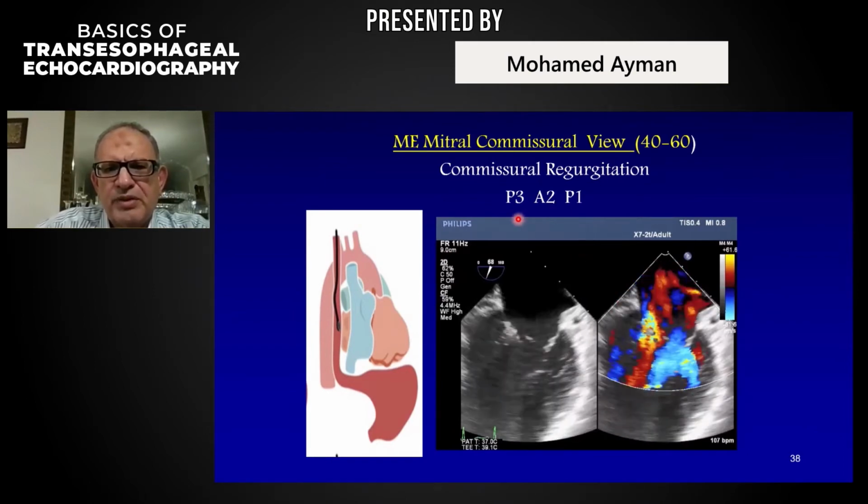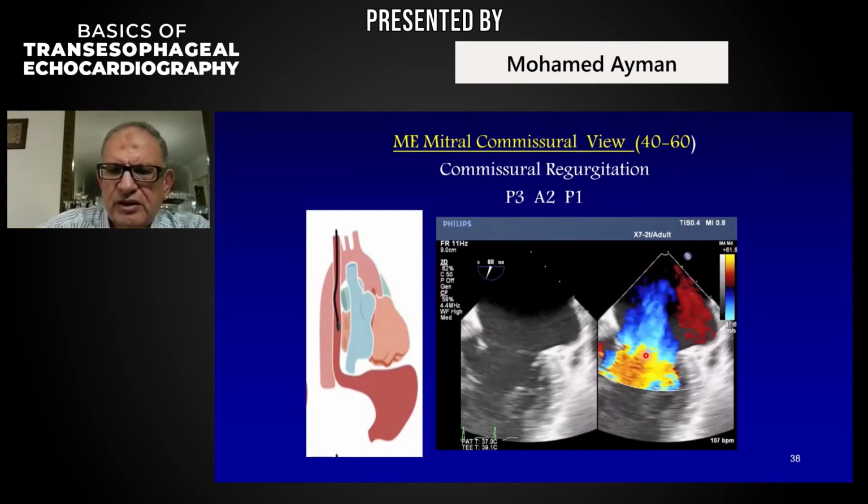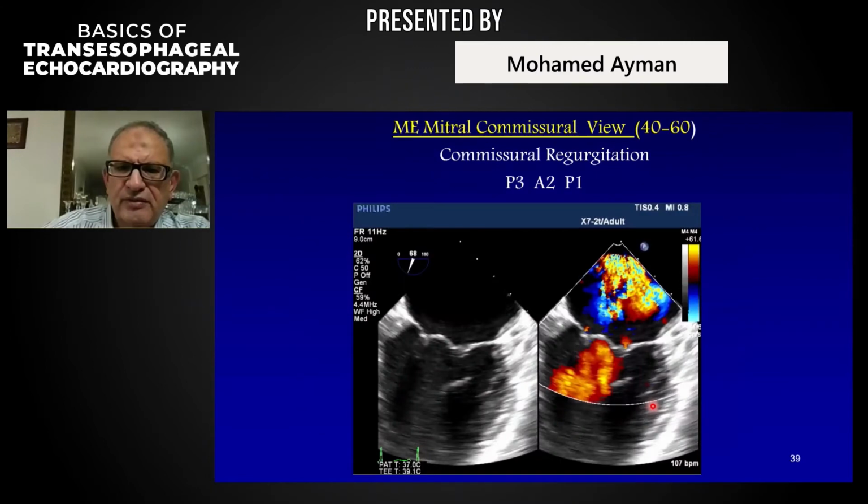And these are the commissures, 1 and 2. Two commissures you can see here. This is a still frame to show you the commissural view. The appendage is here. So this is P1, then A2, then P3.